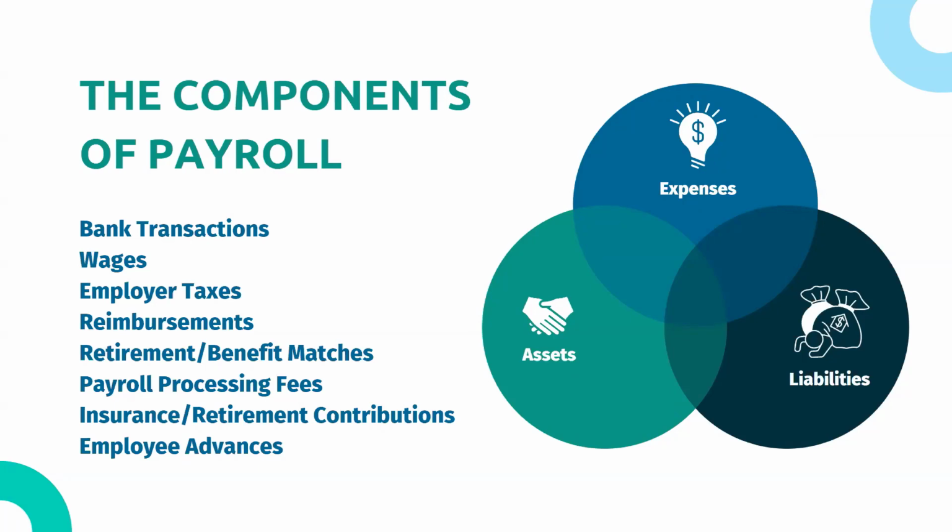Another item that we see a lot on folks' books is advances or loans to employees, right? You give someone $500 and you want to take it back $50 a week until they have it paid back. When you write that $500 check, what I would do is put it on my balance sheet as an outstanding asset, right? The employee owes you that money, $500, okay? That's an asset to the company.